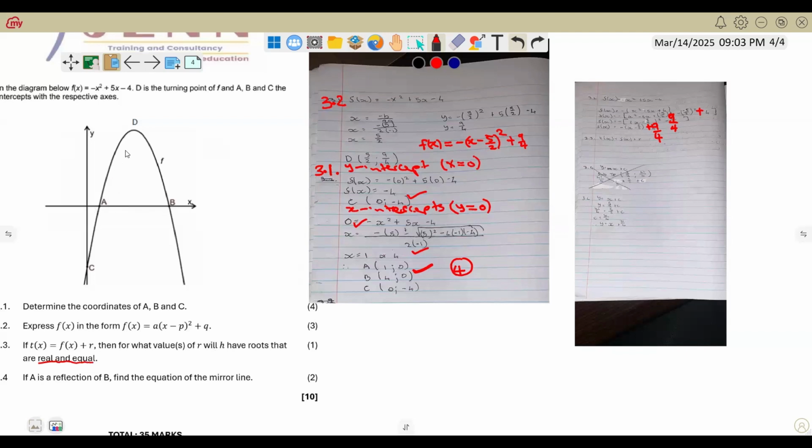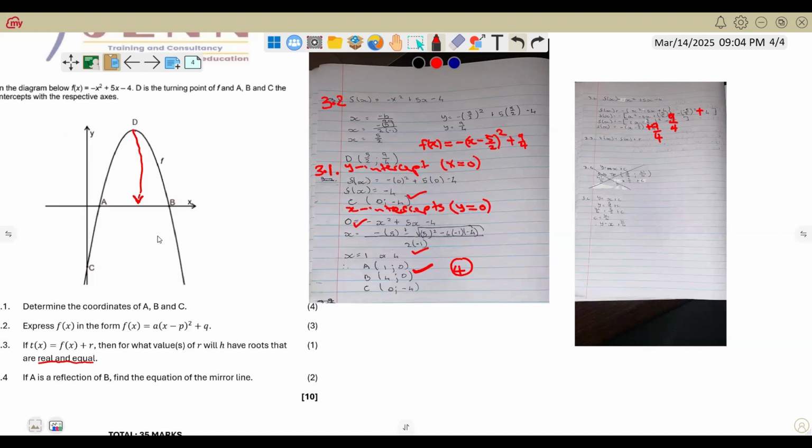If we add r, what do we get for it to have real and equal roots? It simply means the turning point must be on the x-axis. So you are going to move that turning point how many units down?